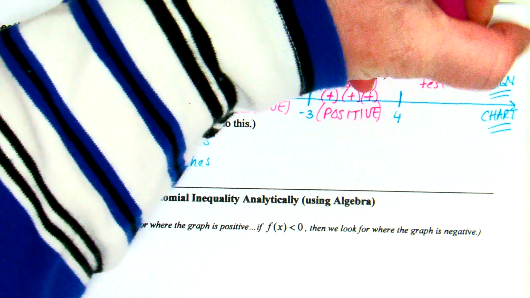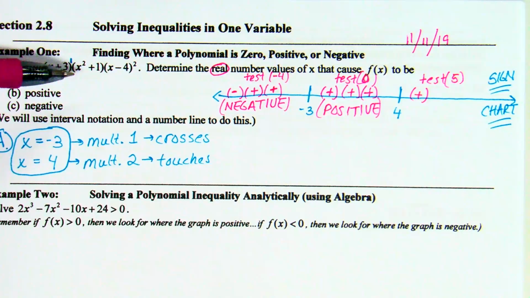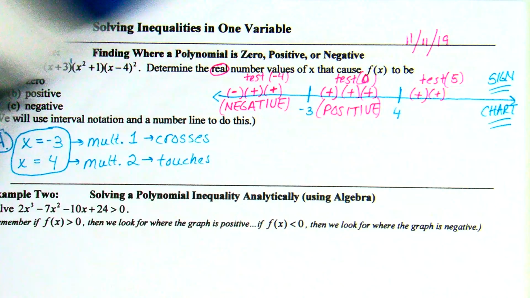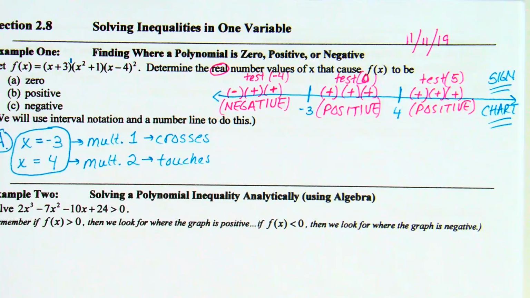So if I test 5, 5 plus 3 results in a positive. 5 squared plus 1 is a positive. 5 minus 4 is positive, and then when you square it, it's still a positive. What's a positive times a positive times a positive? A positive. It's a sign chart because we're just focused on the signs. Did I actually do the actual math behind it? No.